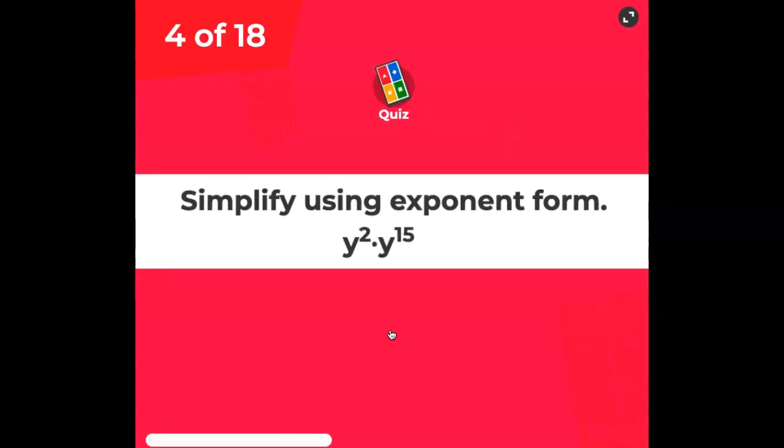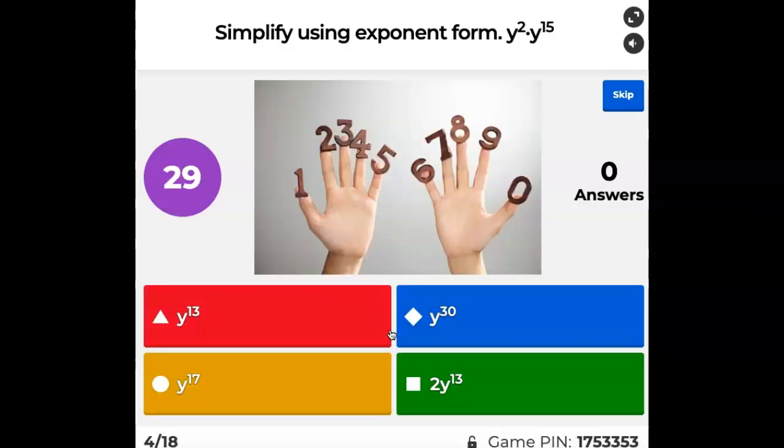Question number 4. So y to the power 2 times y to the power 15.